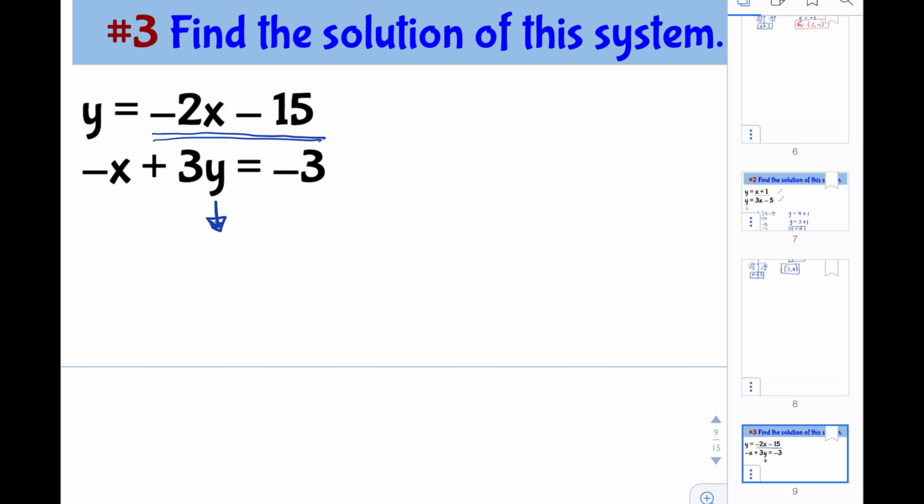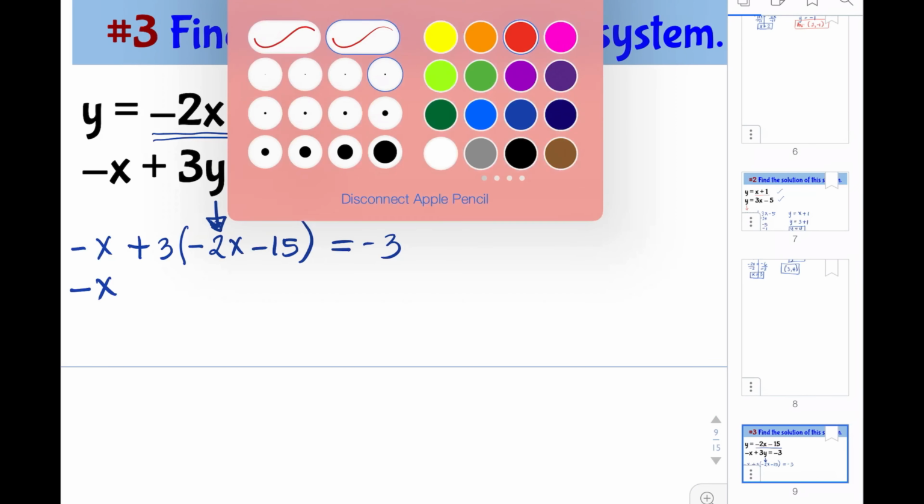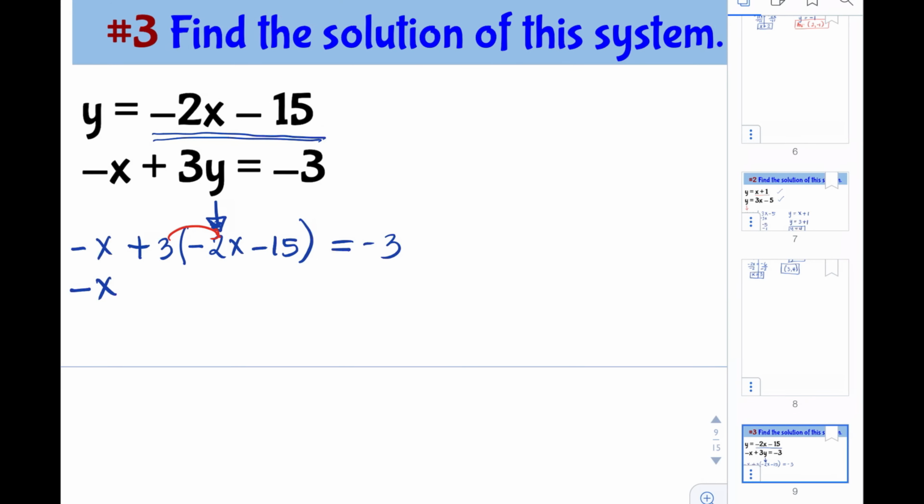So now we will have negative x plus 3y, which means we need to multiply 3 with the y, which is negative 2x minus 15. And then we have equals negative 3. So simplifying this equation, we have negative x, and we need to multiply 3 times negative 2, and then 3 times negative 15.